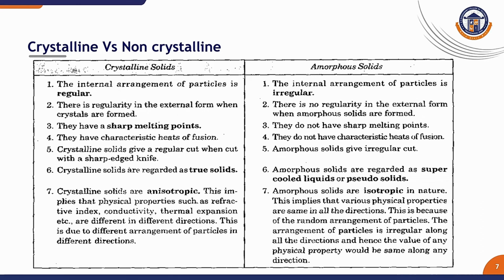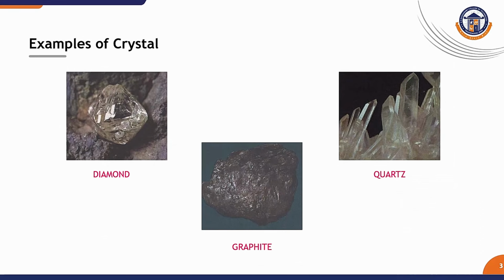Non-crystalline solids have a random arrangement of particles, no sharp melting point, and they are isotropic. Here we see natural crystal examples: diamond, graphite, quartz.